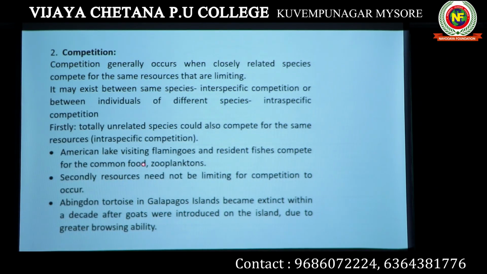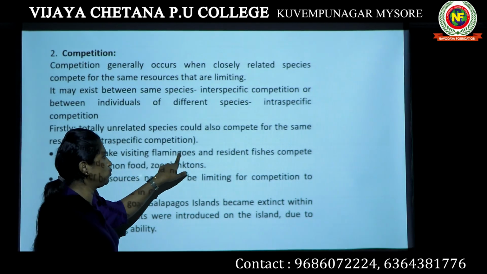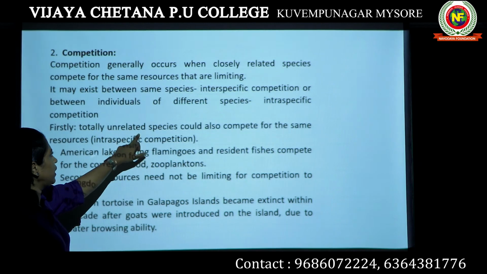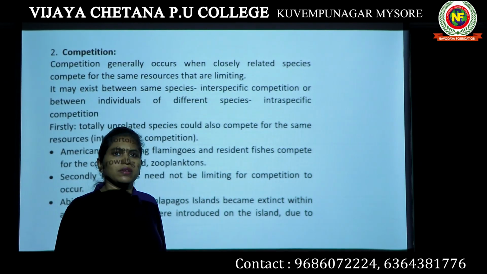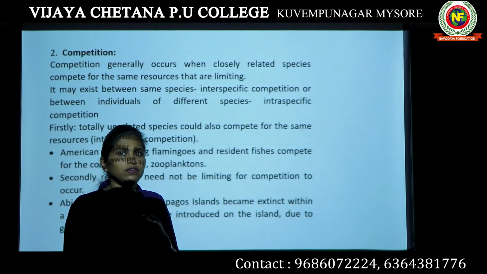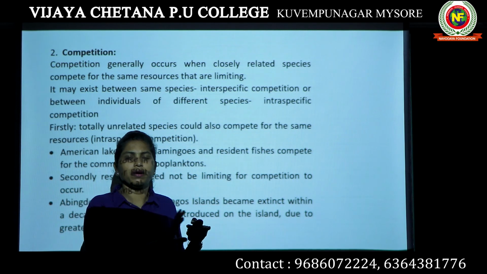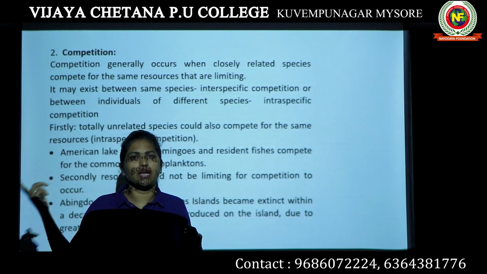Secondly, resources need not be limiting for competition to occur. Here, this example of flamingos and the resident fishes is given in order to explain that totally unrelated species also can compete for the same resource. Because fishes belong to the Pisces group, whereas flamingos are birds, which are aves.